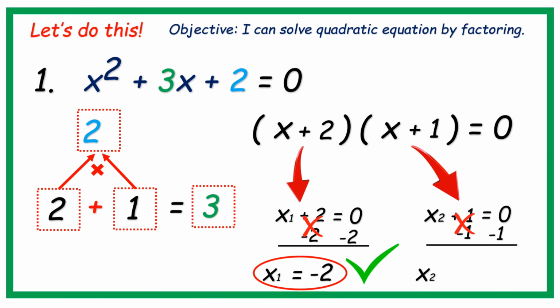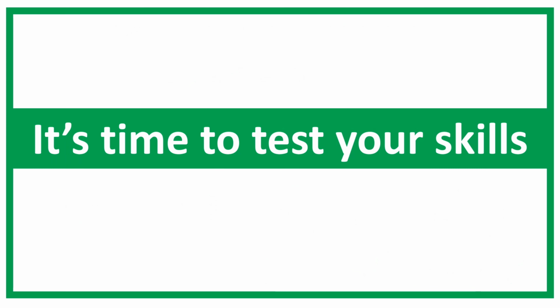That cancels 1, leaving our x isolated. Then bring down the equal sign, and the answer is 0 plus negative 1, which is negative 1. Just like that. You got it. You just solved quadratic equation by factoring. Congratulations!